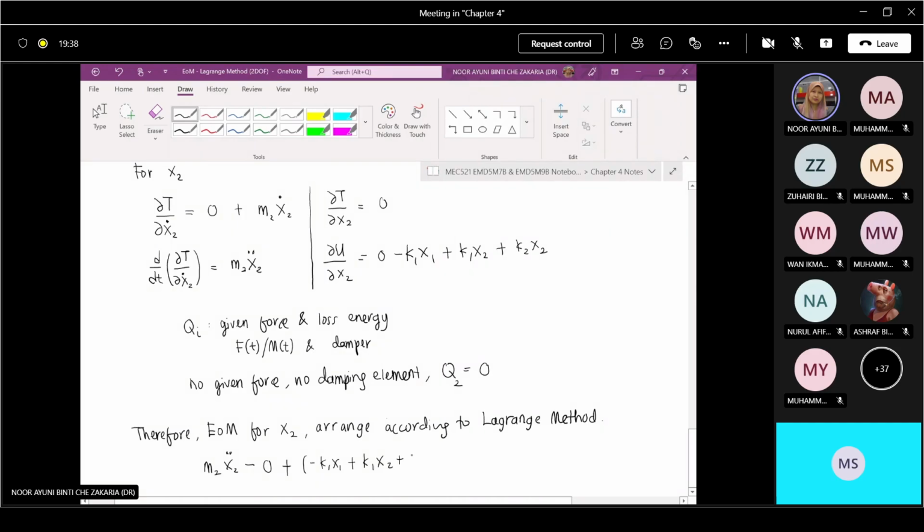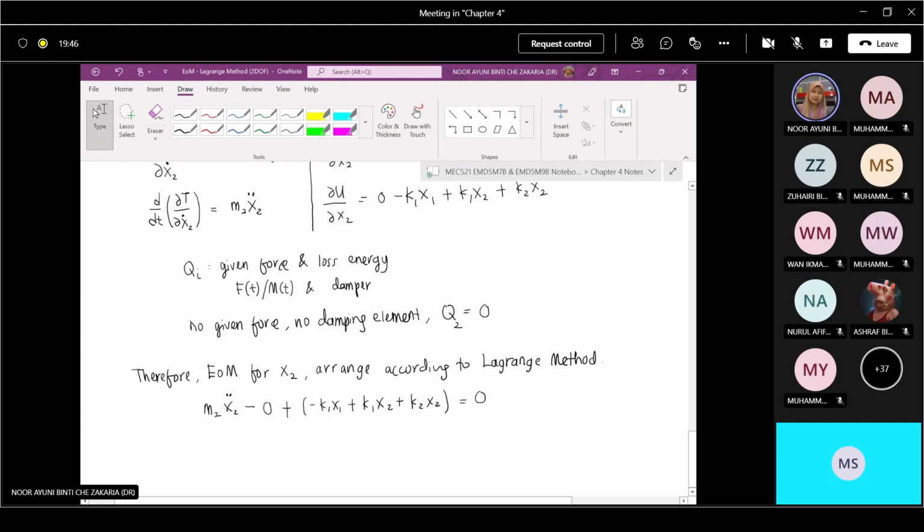K1 x2 plus K2 x2, and we don't have any non-conservative energy there. Minus K1 x1 plus K1 plus K2 with x2.